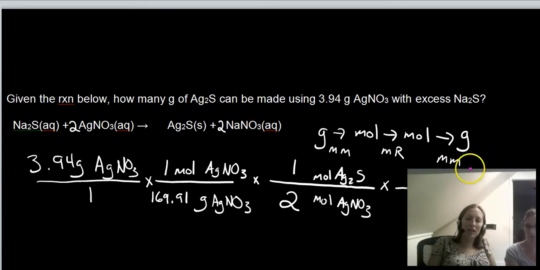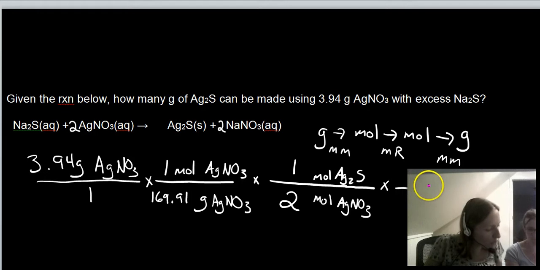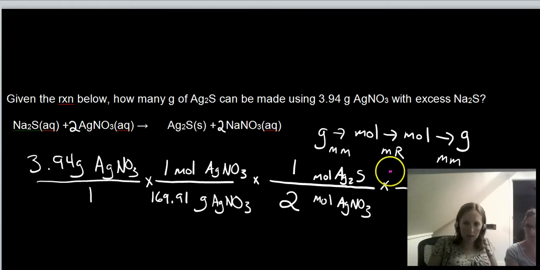Well, this last unit here on the top, when you get to the unit that you're looking for, you are done, which means we're about to be done. And the molar mass that I have pre-calculated for silver sulfide is 247.86. Let me know if I'm wrong. We will delight in that.